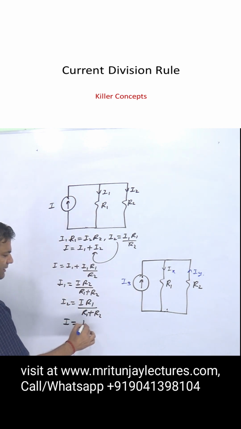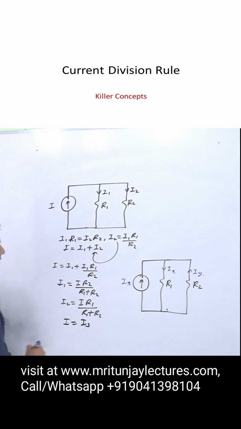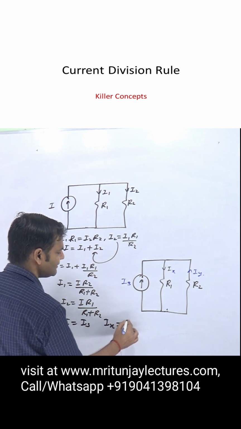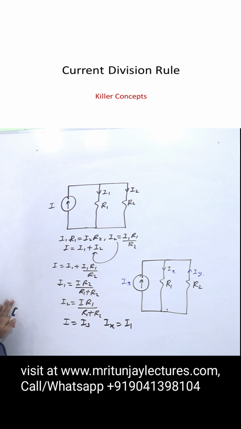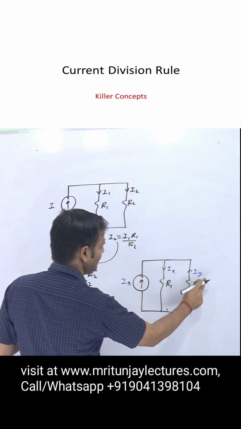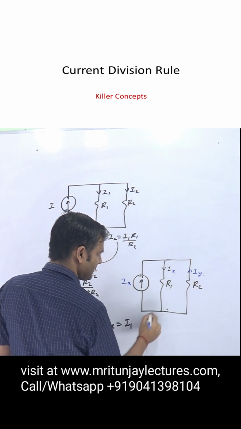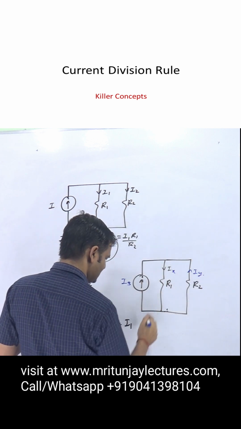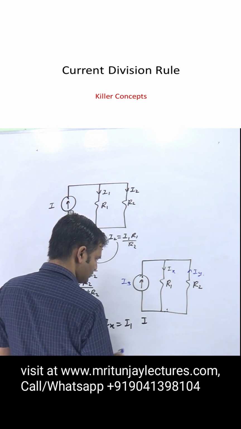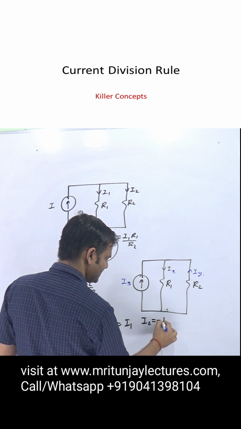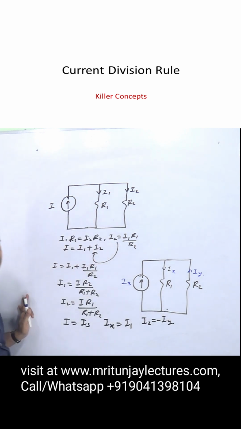I is Is, Ix is I1, I2 is opposite to I1, I2 is opposite to Iy, so I2 is written as minus Iy. Okay, clear or not?